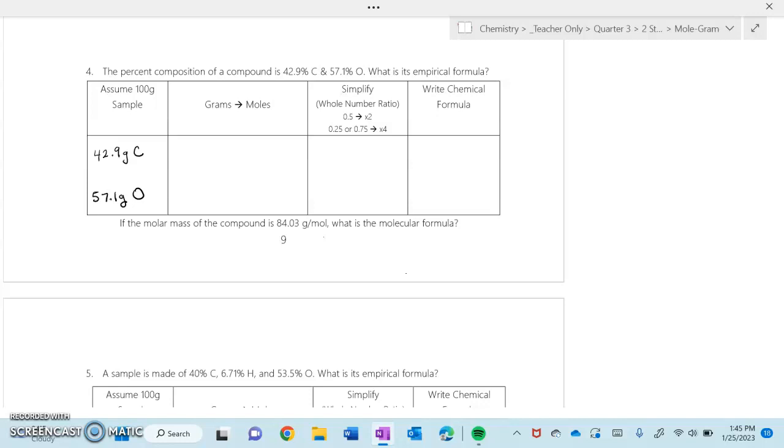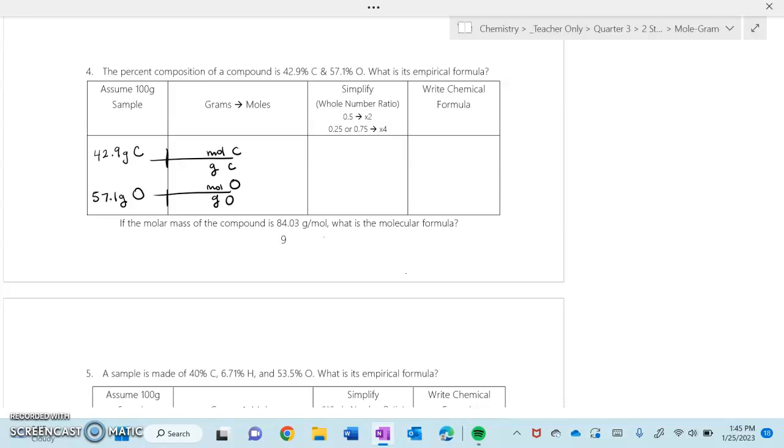We'll just turn those percentages into mass. The next thing we have to do is use molar mass to get them back to the molar ratio. Right now they're in gram ratio, but that's not going to help us figure out the subscripts because their grams are different on the periodic table. So our next step is to convert from grams to moles using the molar mass on the periodic table.